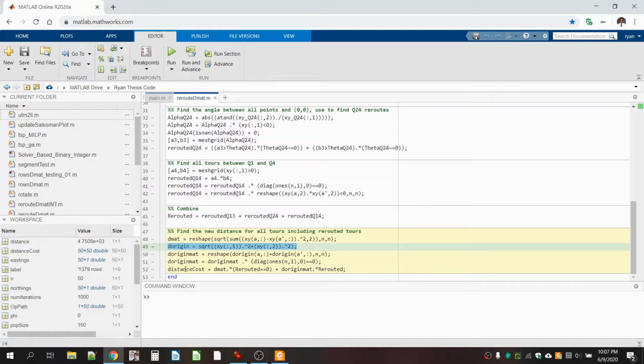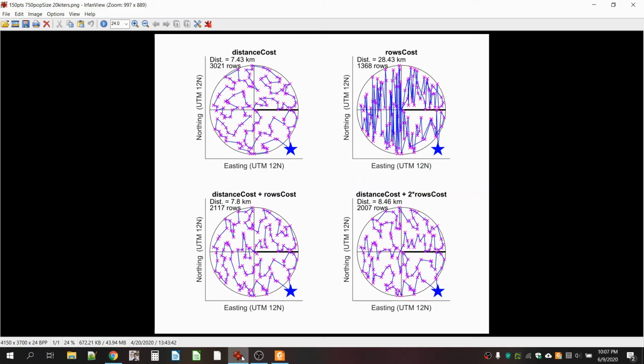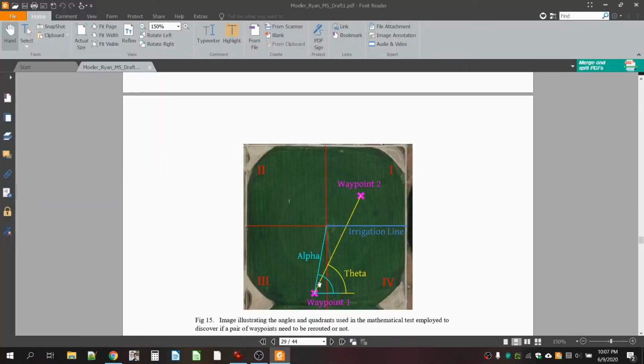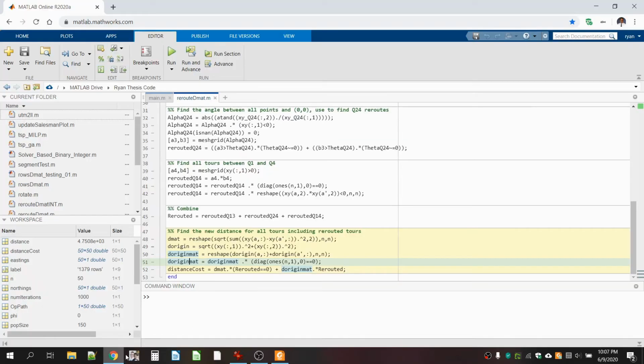And now I'm using that to reroute, right? So I need that matrix because if this needs to be rerouted, then I need to replace the value in DMAT with the value of this distance plus this distance. Okay, so that's what this is doing.